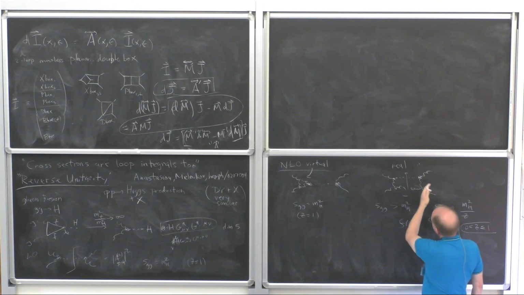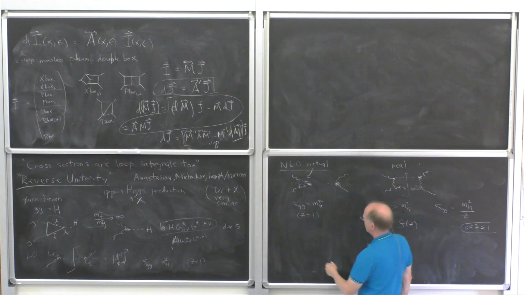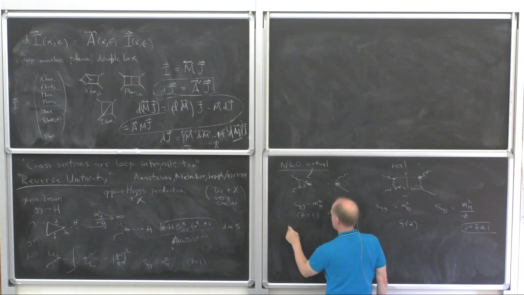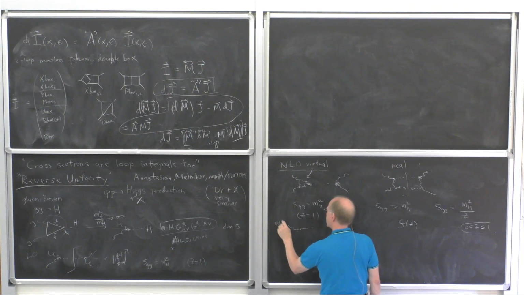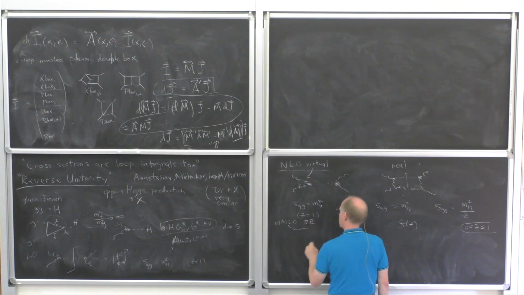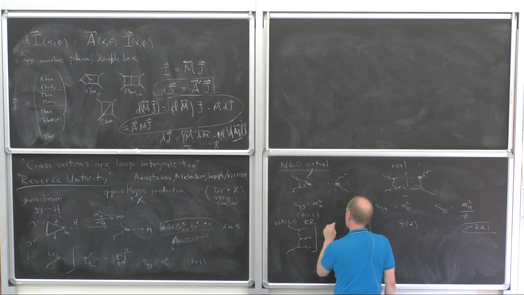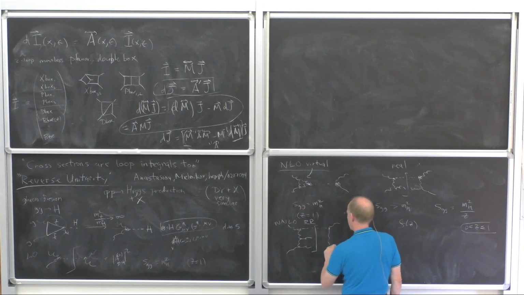So now we want to look at this graph, for example, or just to go one further, at NNLO, I'll just write down a double real graph. Anyway, just so you get the idea, we're drawing these interference graphs.